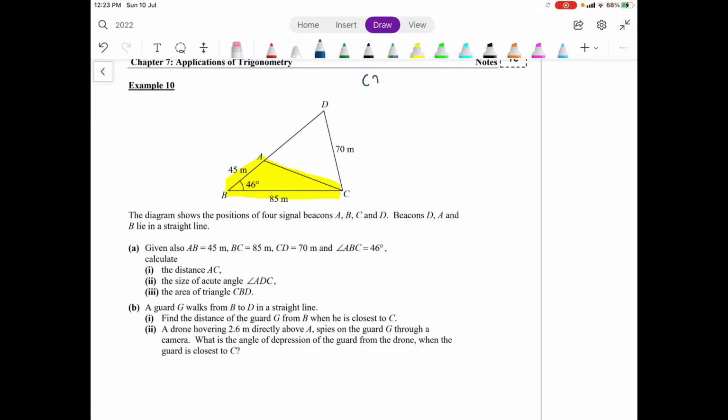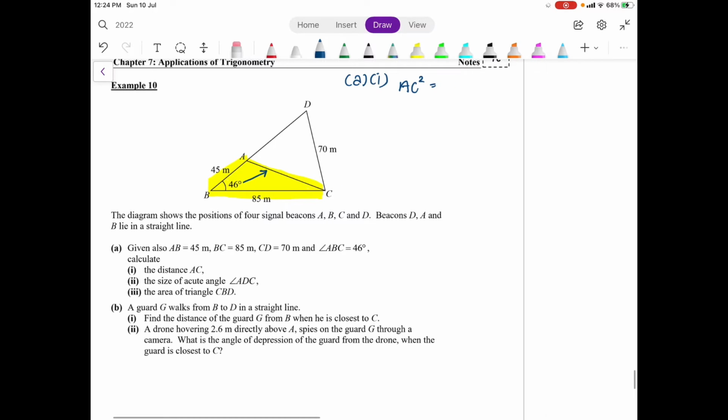So in part 1, we will apply cosine rule. And take note, the angle that is facing AC is 46 degree. So we apply the formula. AC square, apply the entire formula.